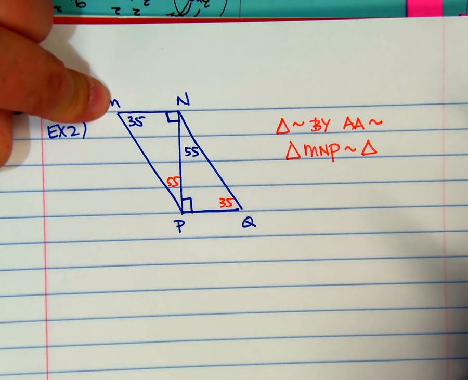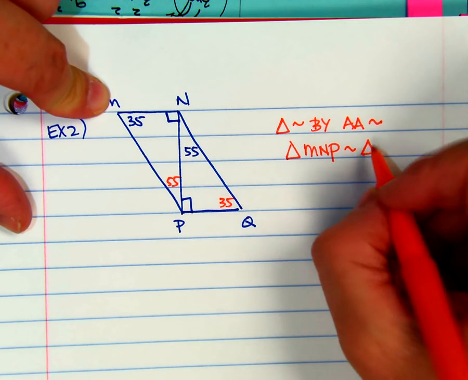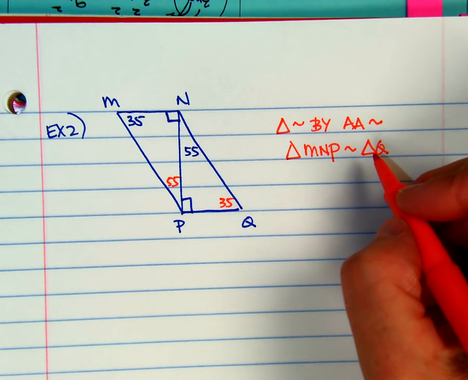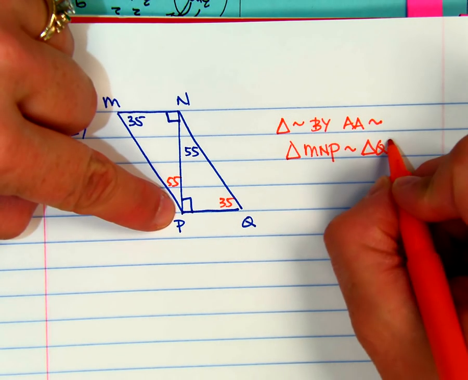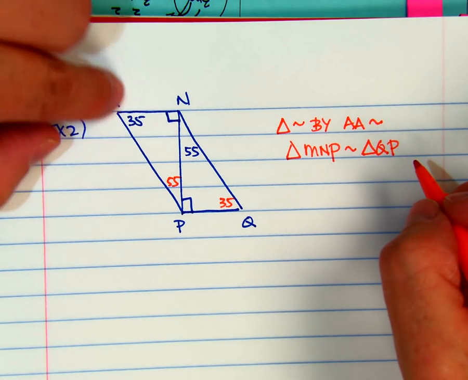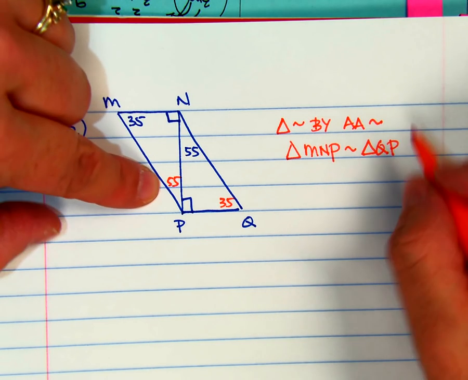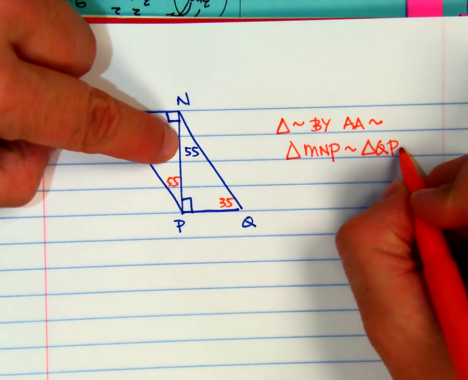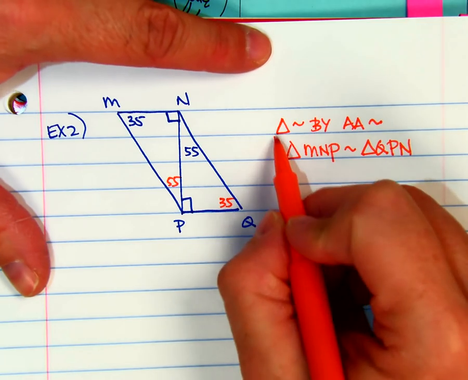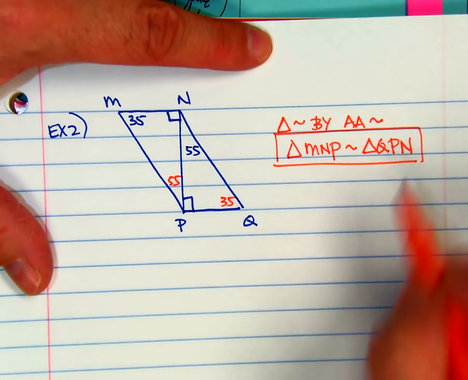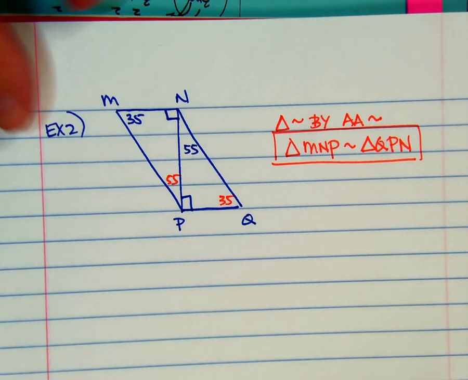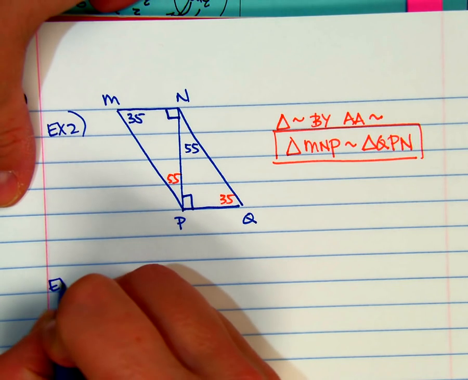M is a 35 degree angle, Q is the 35 degree angle, N is the 90, P is the 90, and then P in this first triangle is a 55, and the N is the 55 for that one. Last example, getting a little bit of algebra in here.